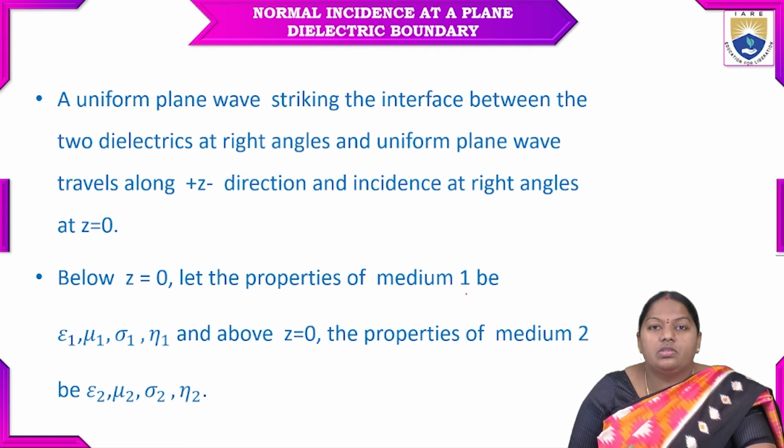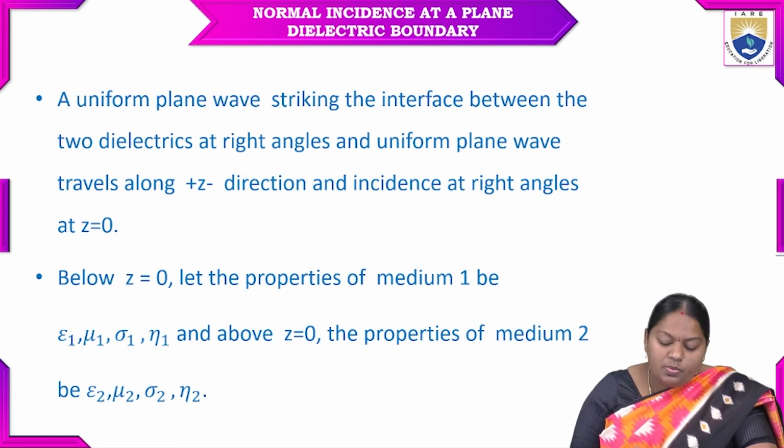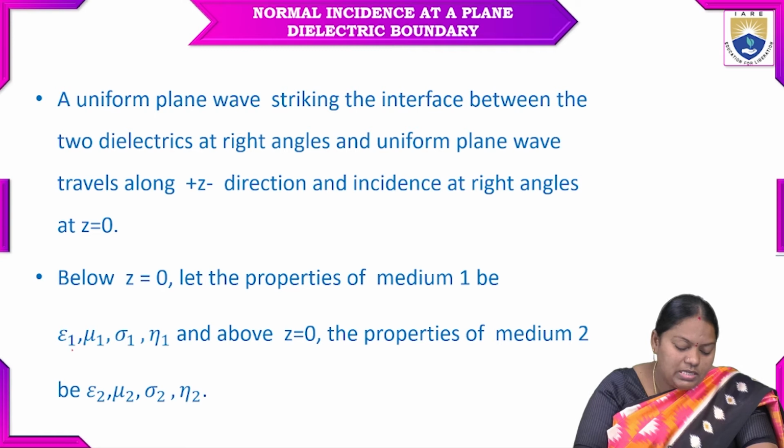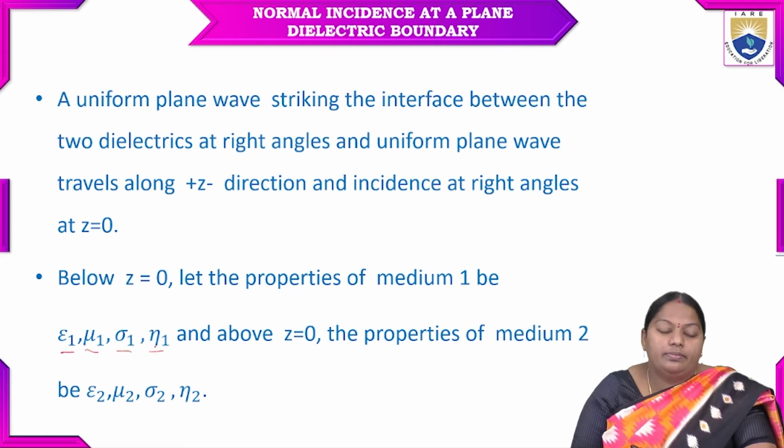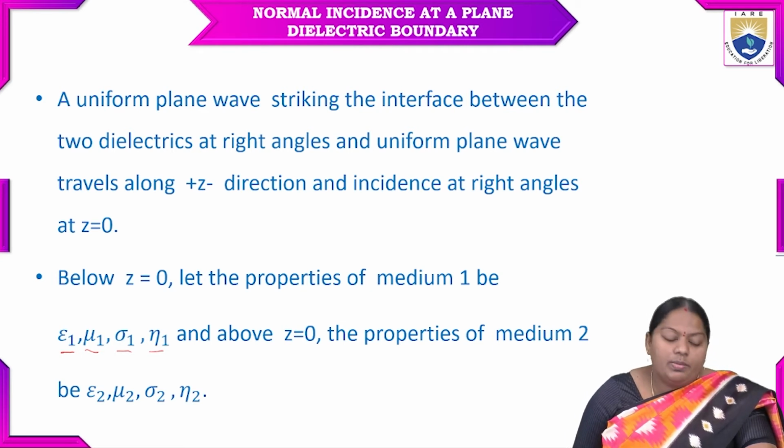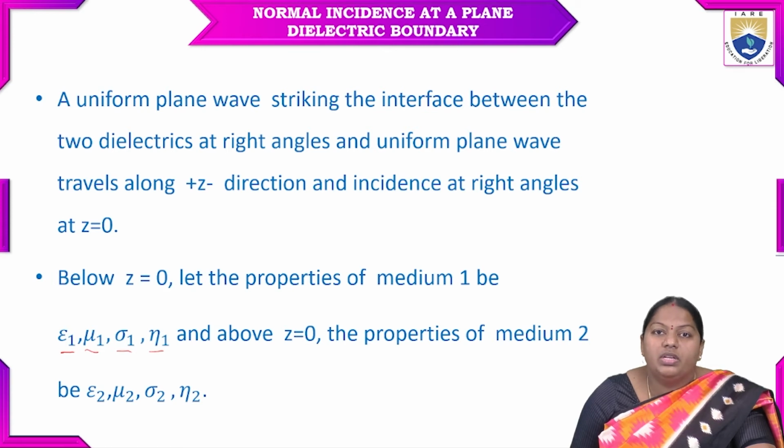Below z equal to 0 we have medium 1, and its properties are represented as epsilon 1, mu 1, sigma 1, and eta 1: the permittivity of medium 1, the permeability of medium 1, the conductivity of medium 1, followed by the intrinsic impedance of medium 1.